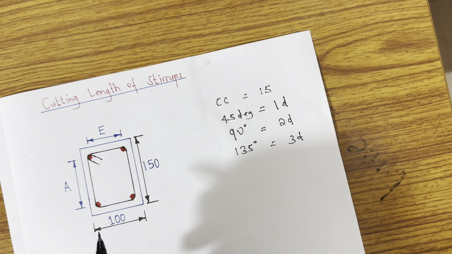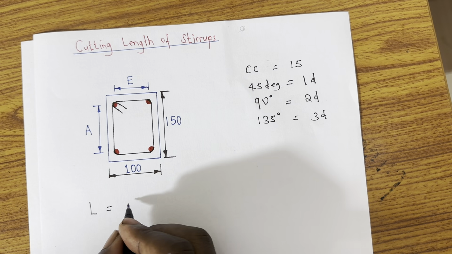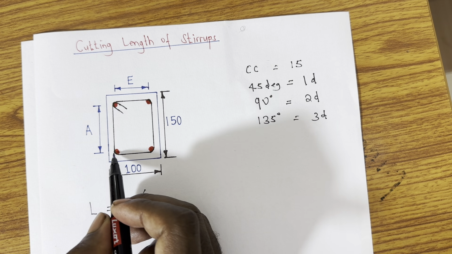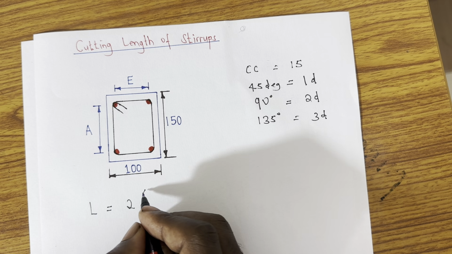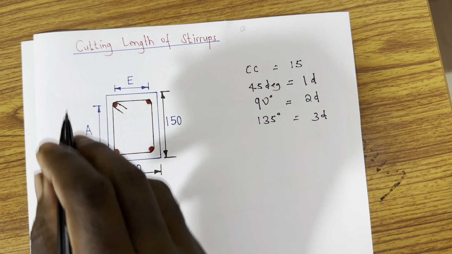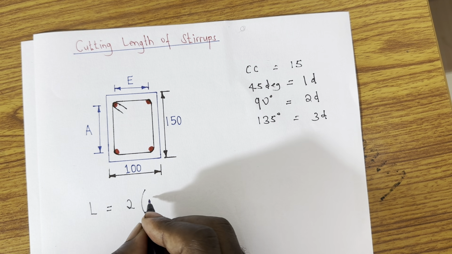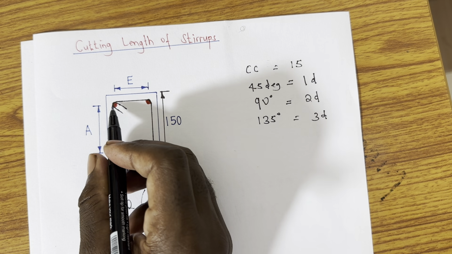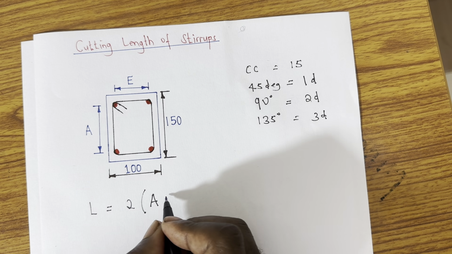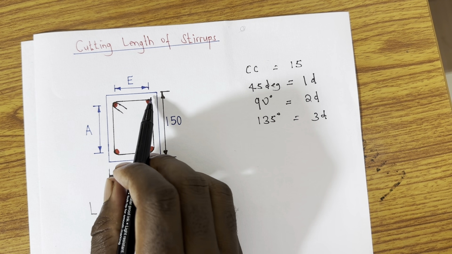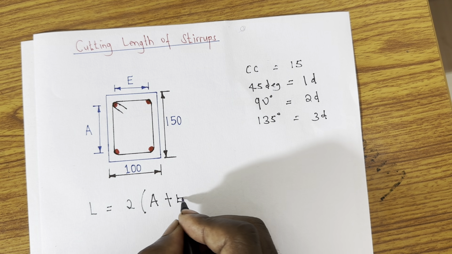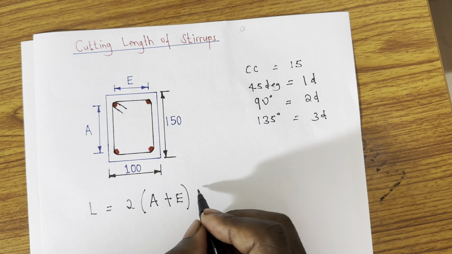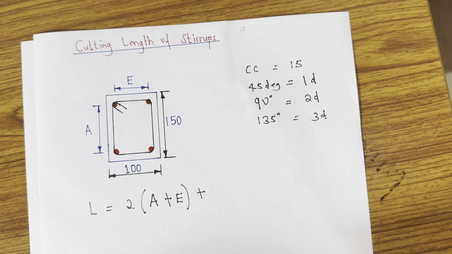So the formula for calculating cutting length is equal to 2 into center to center of this bar on the vertical plane, vertically like this. It is A. As you can see, I'm calling it A, from the center to the center of the main bar. And then plus center to center horizontally, I'm calling it B. Okay? Well, now I have to add what we call the hook length.